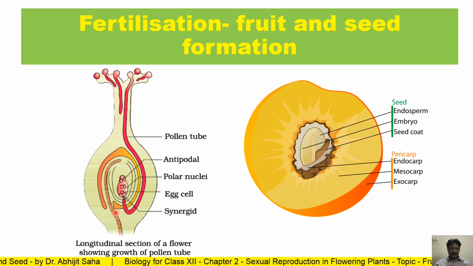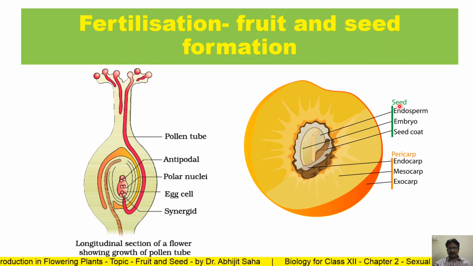The ovary develops into the fruit, and this fruit has three different regions. The exocarp is also called the epicarp. This inner portion, the embryo sac with the ovule, this ovule forms the seed.